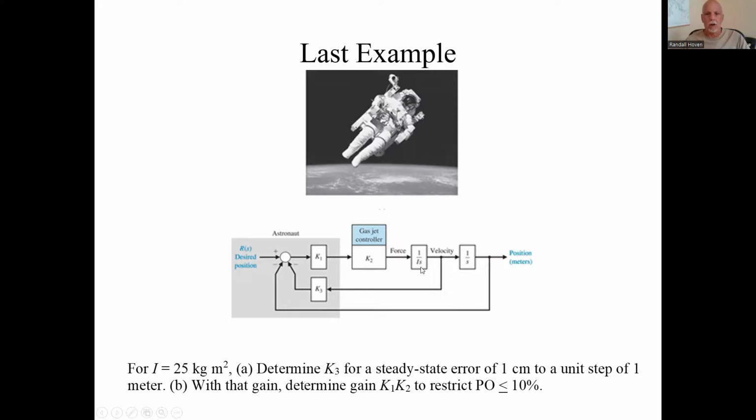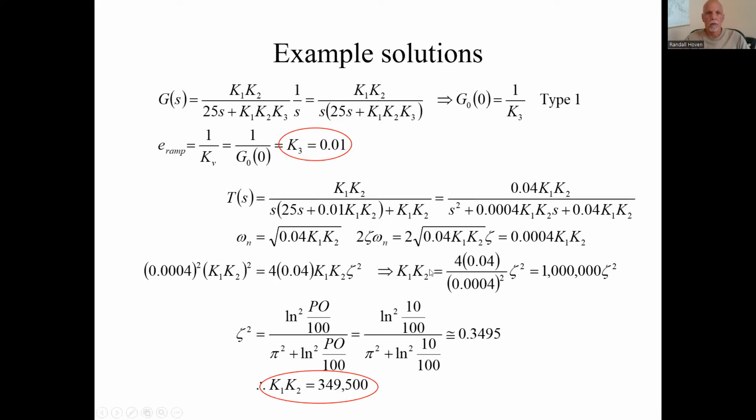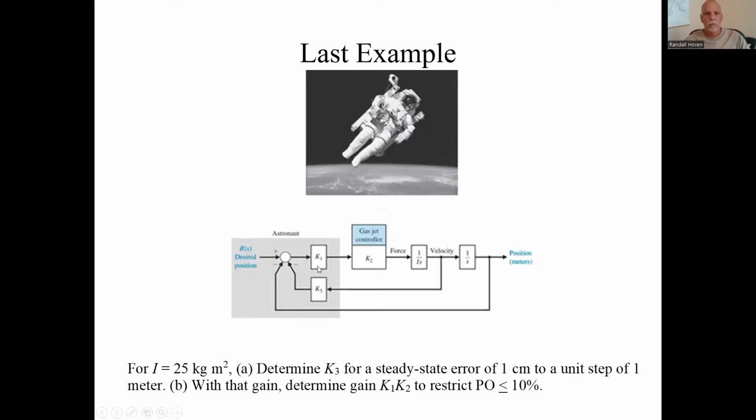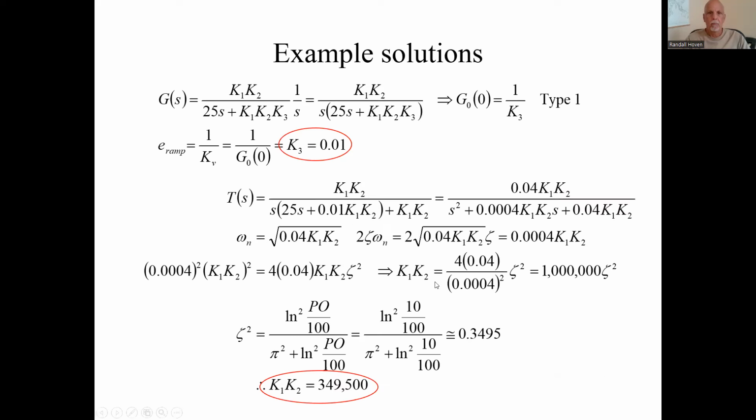There's only one denominator that counts, Is, and I is 25. There's the 25s, and then this is the product of all those numerators: K1, K2, 1, K3. I included this one before; I should have done this. The inner loop stops there. Anyway, this part here is the inner loop transfer function.